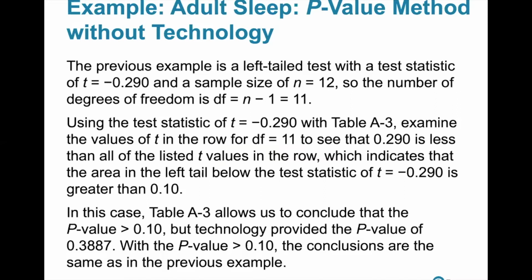That indicates that the area in the left tail below negative 0.290, by symmetry, is greater than 0.10. So in this case, table A3 allows us to conclude that the p-value is greater than 0.1. Technology gave us the specific p-value. Either way, we get the same conclusion, fail to reject the null hypothesis.